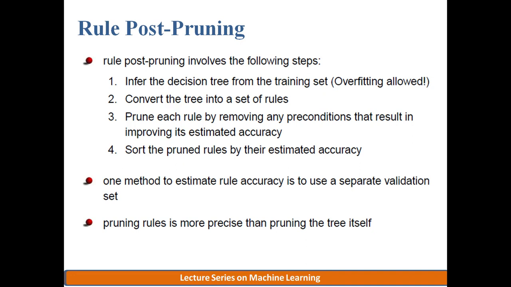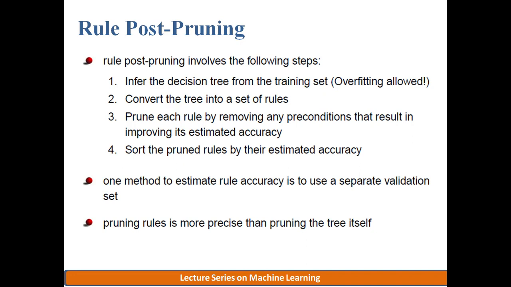The last step is to sort the pruned rules by their estimated accuracy and consider them in that sequence when classifying subsequent instances. Now to ponder more on this, consider the decision tree for the playing sport task which we considered in this chapter.